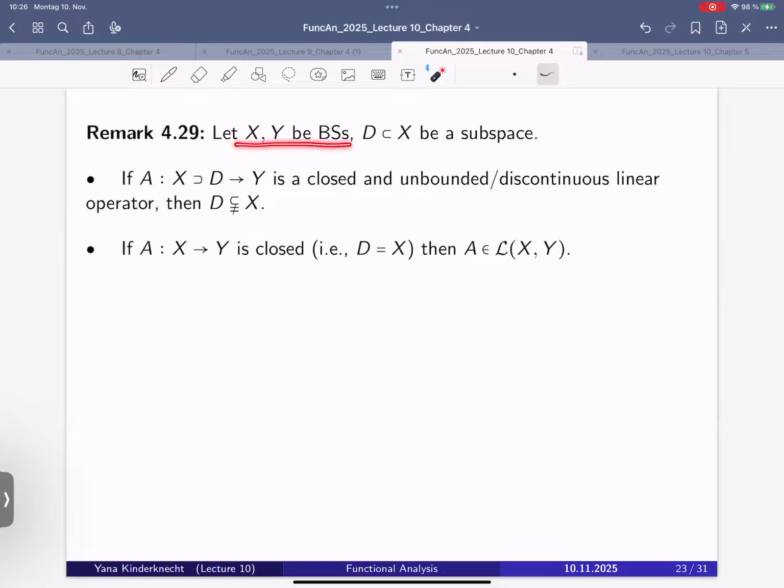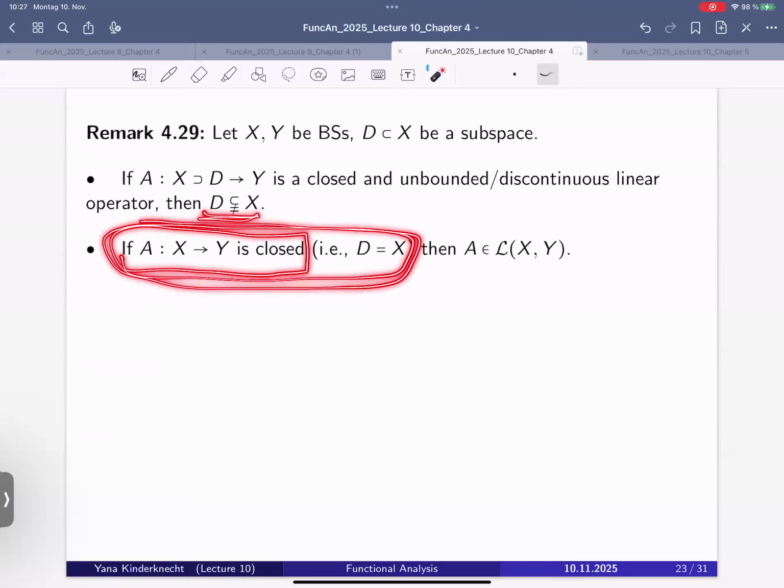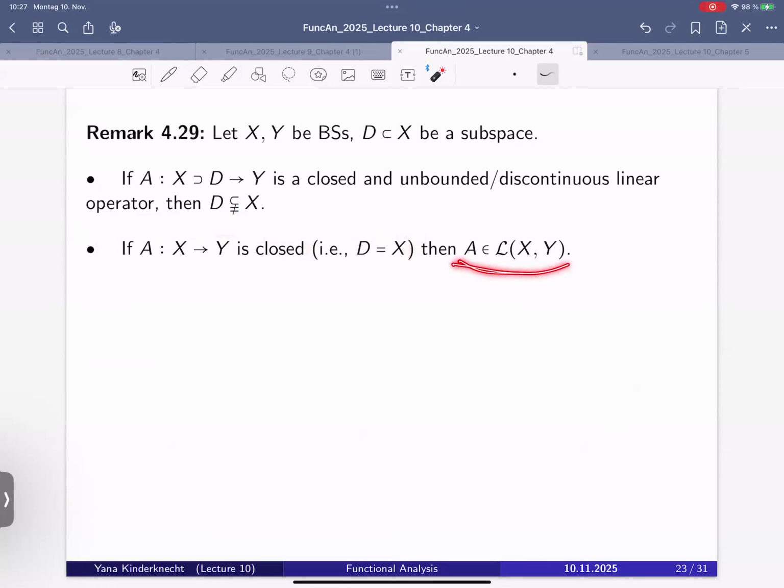So we have X and Y Banach spaces, and D is a subspace of X. If A as a mapping from D to Y is a closed and unbounded, respectively discontinuous, linear operator, then D is not equal to X. Because if D is equal to X, then A actually is a bounded linear operator from X to Y. And this we will show immediately in the following theorem.